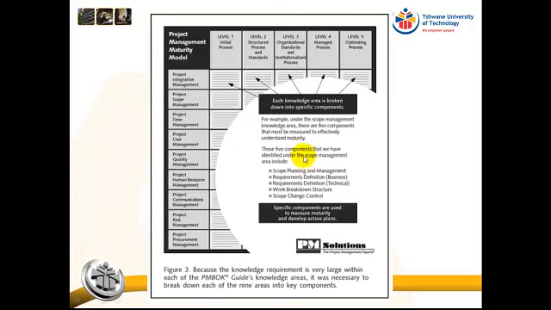For example, for scope management, the 5 components that have to be in place are scope planning and management, requirements definition at a business level, requirements definition at a technical level, the work breakdown structure, and scope change control. By looking at each of these and determining what level we are at, we can then determine what our scope management maturity level is.